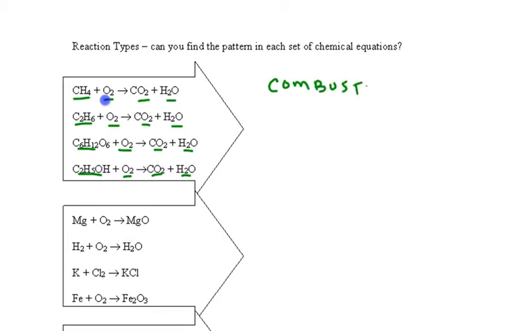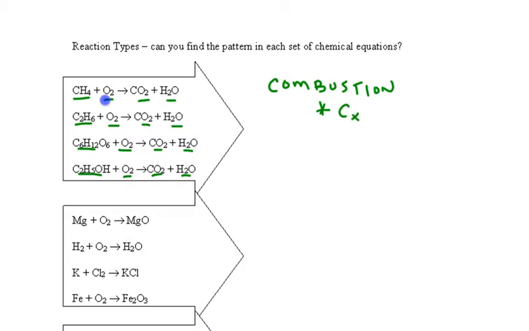Combustion means to burn, right? And so these are all hydrocarbons that are burning, which means they have to combine with oxygen, so hence there has to be oxygen as a reactant. So combustion is a hydrocarbon that burns and produces carbon dioxide and water as products. So those are the things to look for when noticing a combustion reaction.